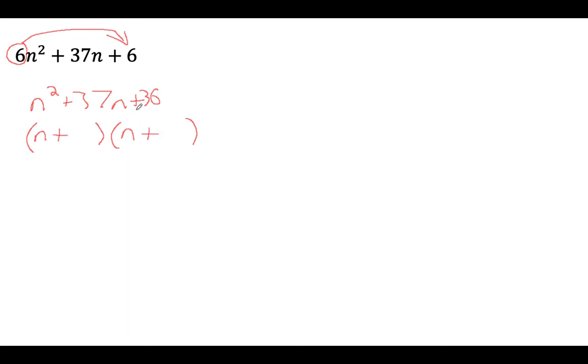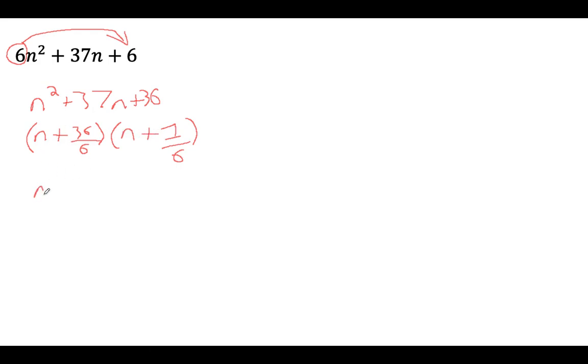So we have to think of numbers that multiply to get 36 and add to be 37. So since these numbers are so big, I know right off the bat 36 and 1. It's the only way you could get numbers that multiply to get 36 but add to be 37. And then you have to divide by 6, the number you slid, and simplify as much as possible.